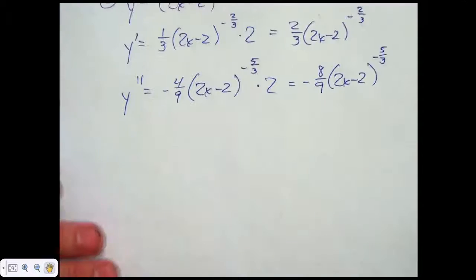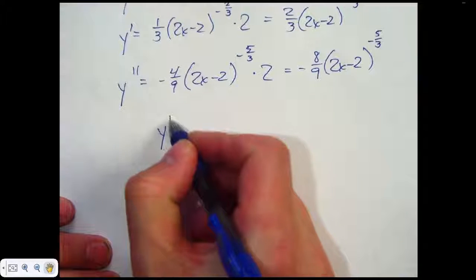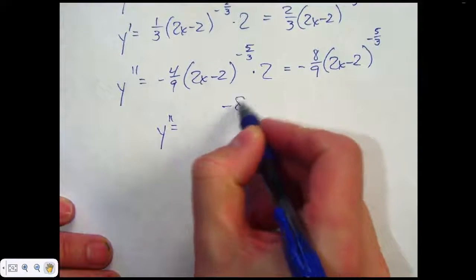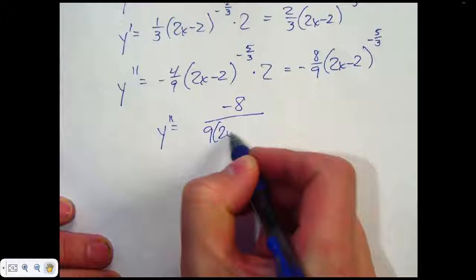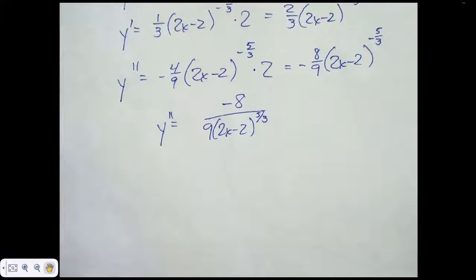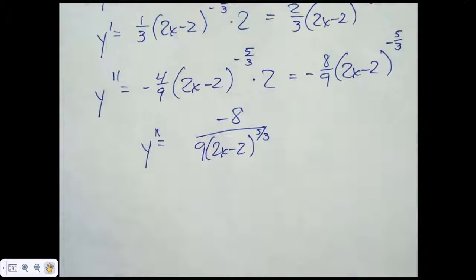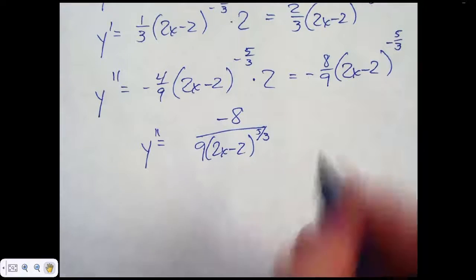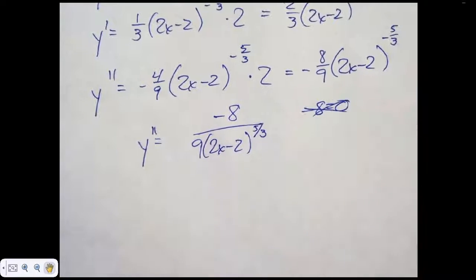Now your job is to set the top and bottom equal to 0, so you need a top and a bottom. I have negative 8 on top, and then 9 times 2x minus 2 to the 5/3 at the bottom. Set the top equal to 0. Well, that never happens. Negative 8 equals 0 is nothing.